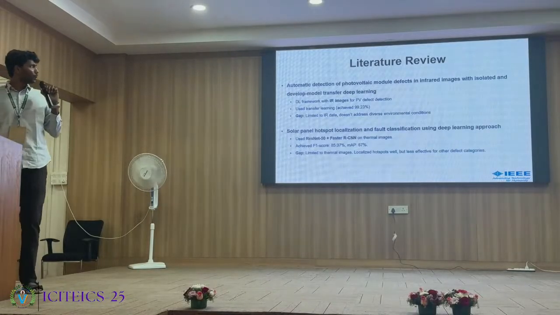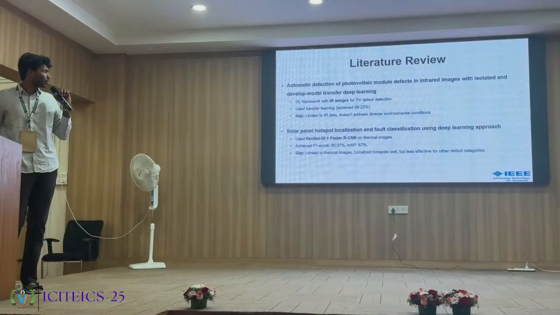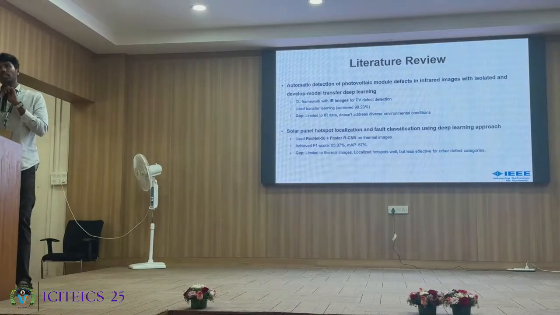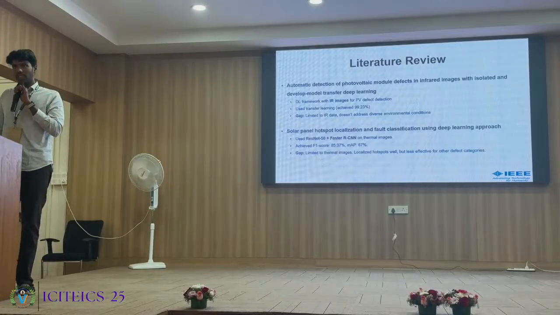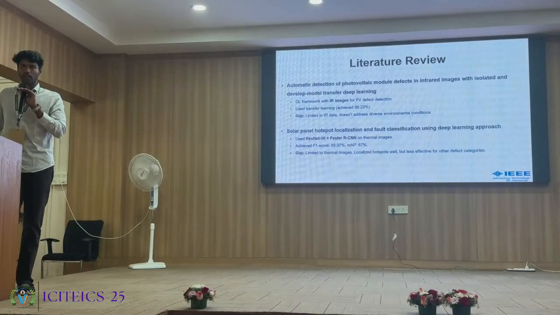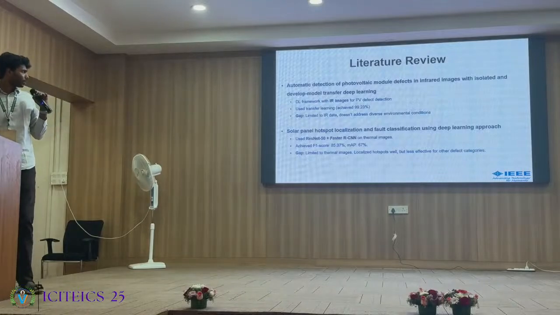And the other two papers also focus only on a specific type of data like infrared or EL images, not normal images. They didn't consider normal images, and they did not do deep learning on those things.